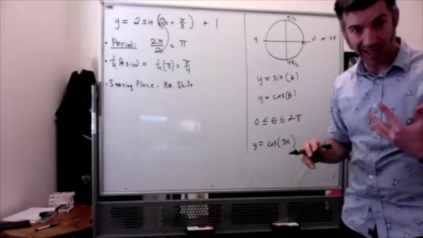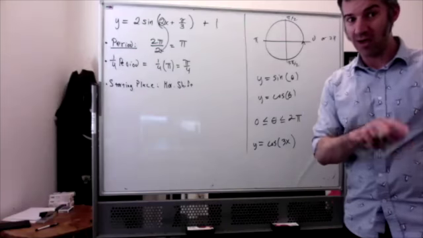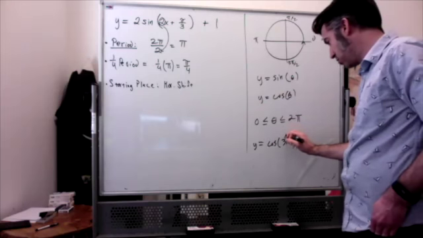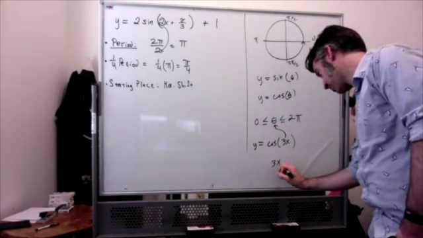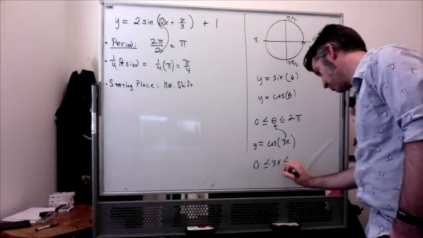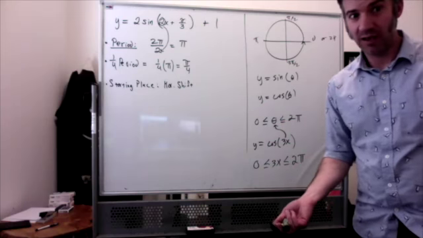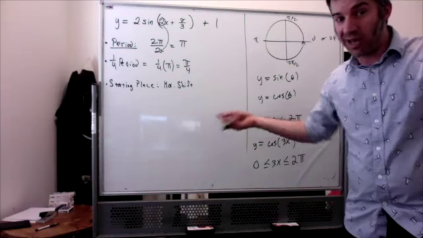And we know that we want to get one full period. We want our angle to go between 0 and 2 pi. So our angle, which is 3x, has to go between 0 and 2 pi. But when I graph this thing, I'm not graphing 3x on the x-axis.